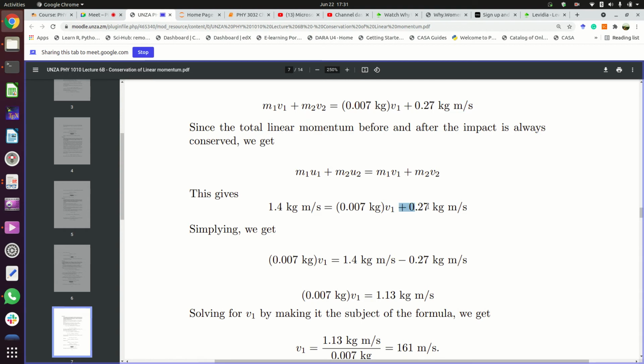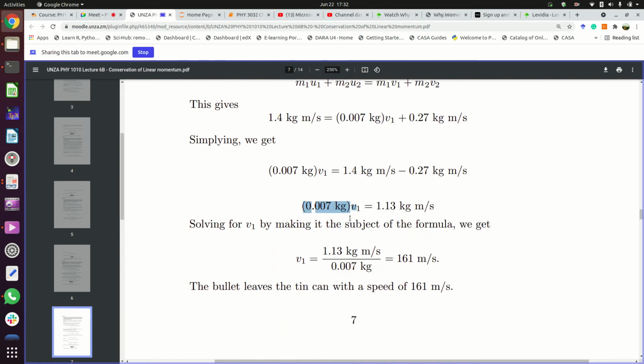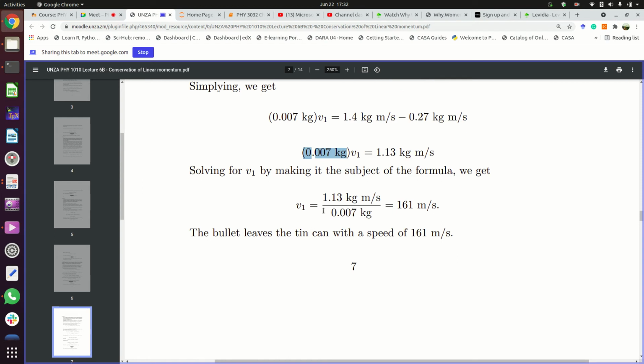When we take this to the other side, we end up having 0.07 kgs v1 equals 1.4 kgs meters per second minus 0.27 kgs meters per second, and we end up having 0.07 kgs v1 equals 1.13 kgs meters per second. Then we divide both sides by this mass, and we end up having v1 equals 1.13 kgs meters per second divided by this bit.